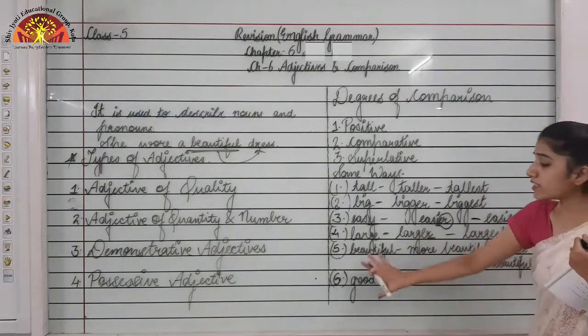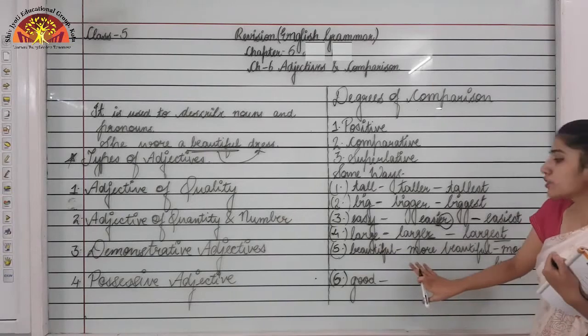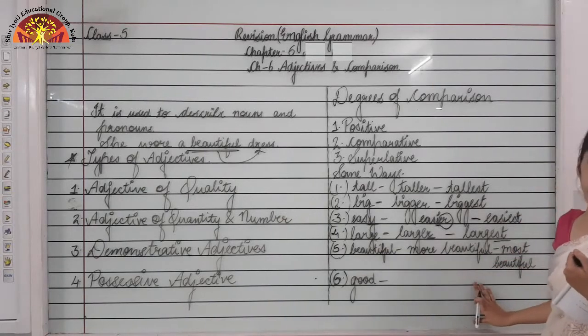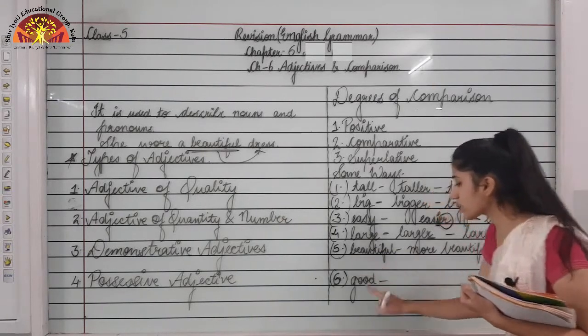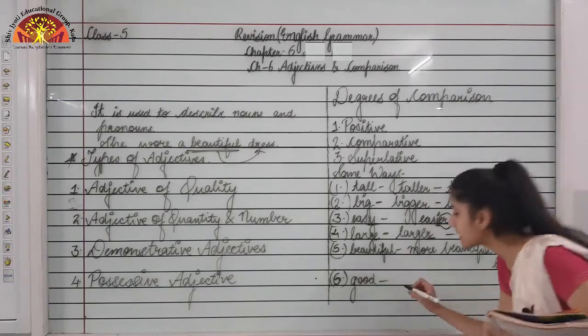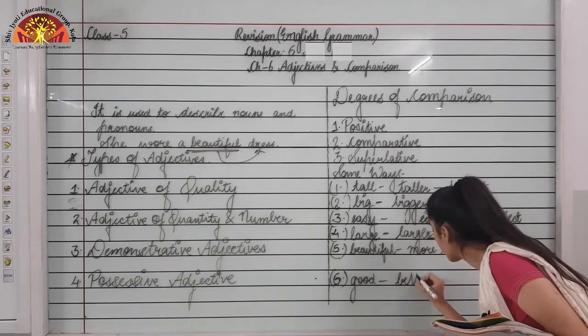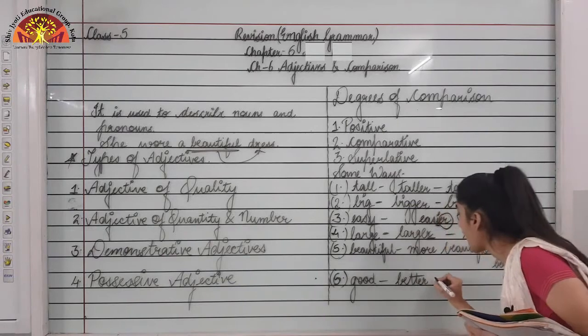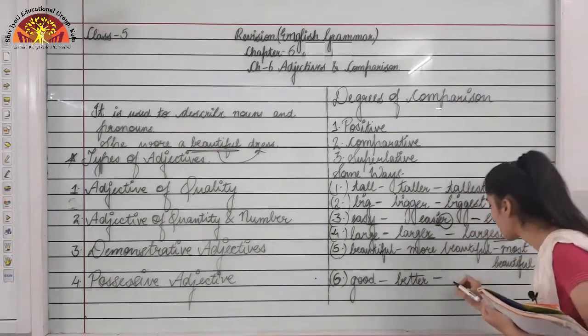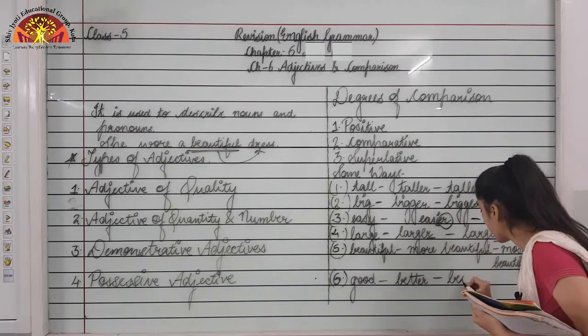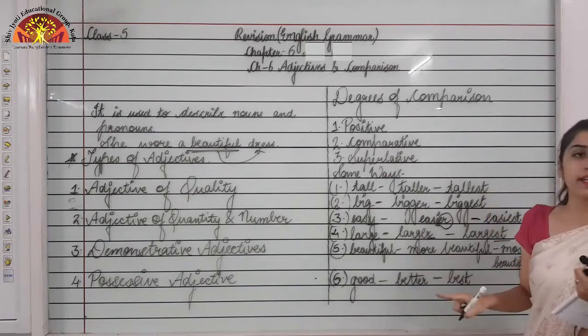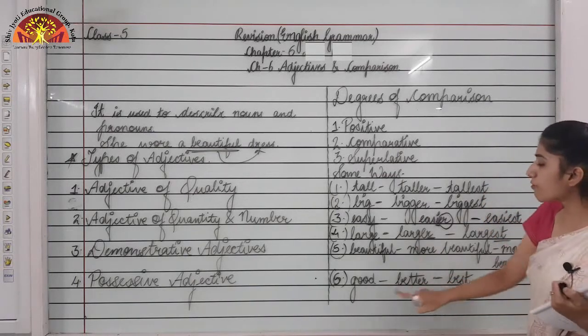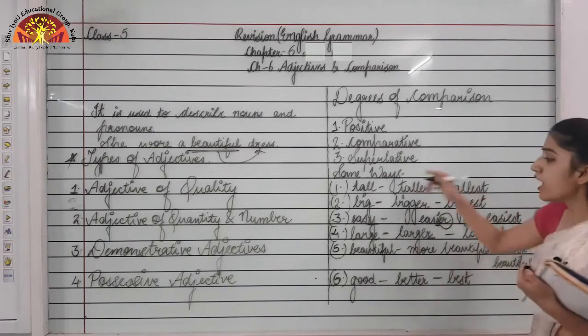I'll change the whole word to make the comparative and superlative degree of good. So what is the comparative degree of good? That is better, and the superlative degree is best.